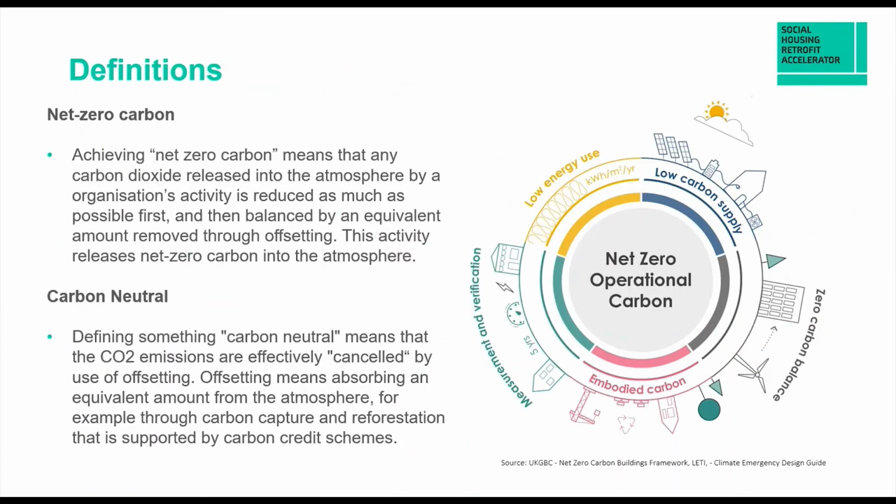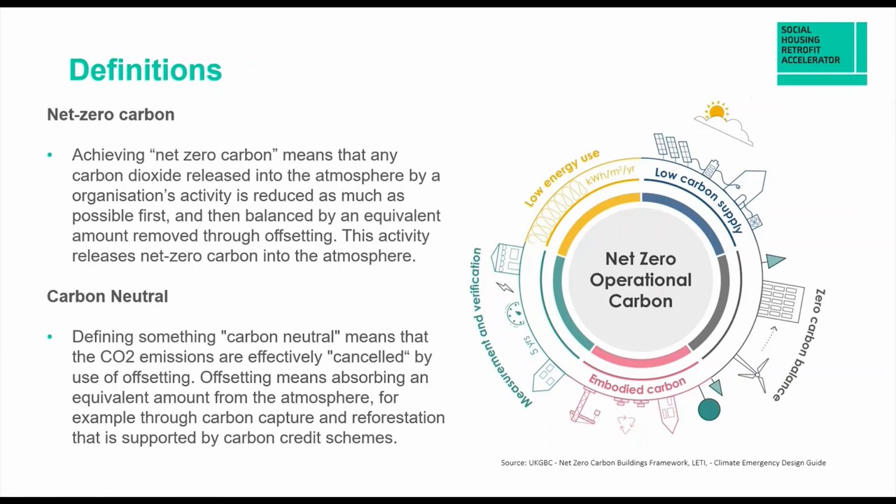We're moving to the final section of our discussion today. And I just thought it's important to reiterate some of the terms that have been used quite widely, but they mean slightly different things. So the definition of net zero carbon, which you see here, means that the carbon dioxide released through activity is reduced as much as possible at source first, and then balanced by an equivalent amount through offsetting, which is quite different from carbon neutral.